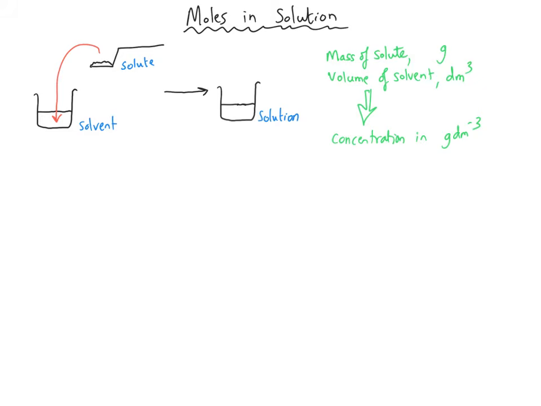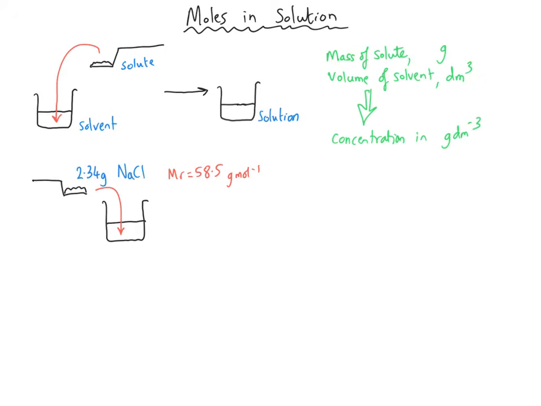And so concentrations can have this unit, grams per cubic decimetre, such as in this calculation here, where if we've got 2.34 grams of sodium chloride, that has got an MR of 58.5, that is 0.04 moles.